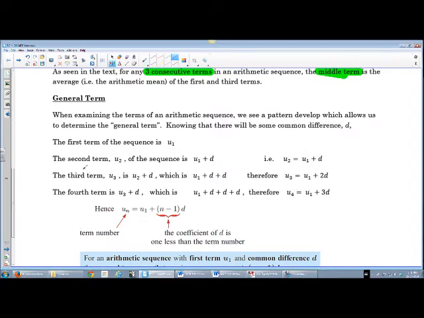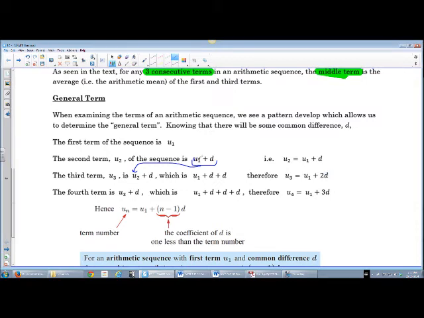The third term is u sub 2 plus d, that common difference again, and u sub 2 was u sub 1 plus d, so if we substitute this in for u sub 2, then we get u sub 1 plus d plus d. So therefore, u sub 3, the third term, is the first term plus 2 times the common difference.